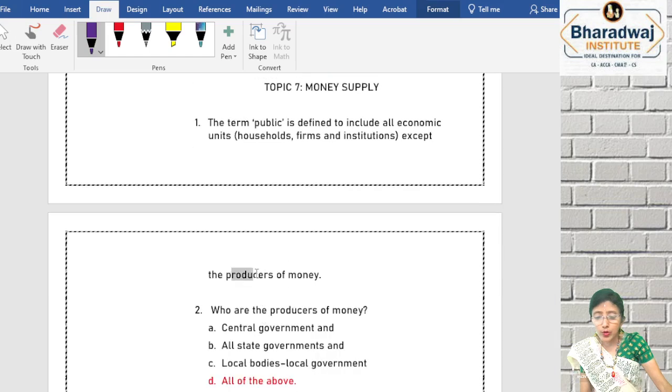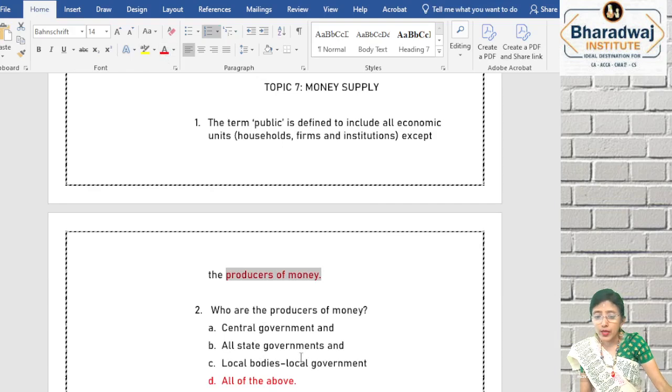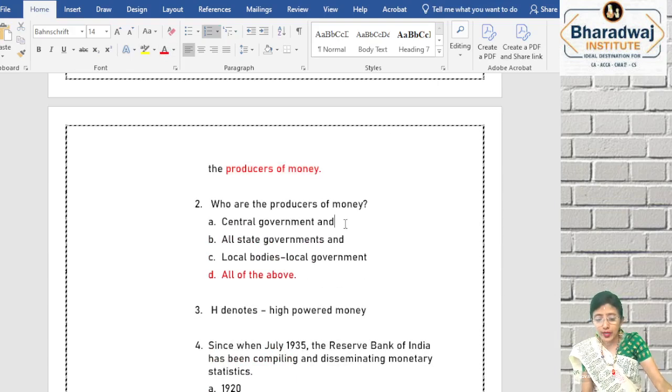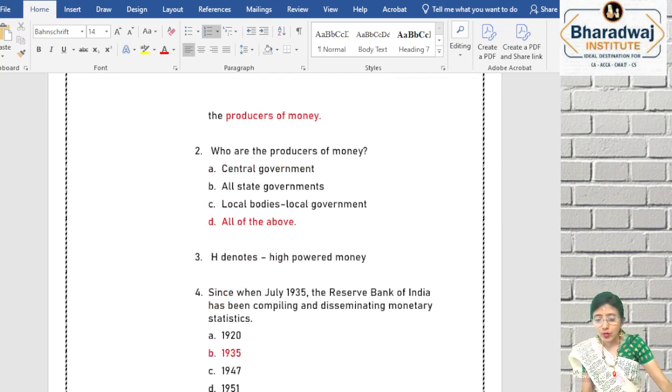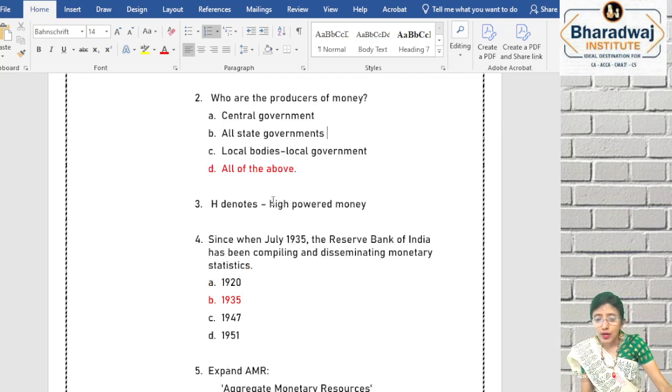All except the producers of money. Okay, have that in mind. Then, who are the producers of money? All of the above. H denotes high powered money. Did you all remember the year 1935?